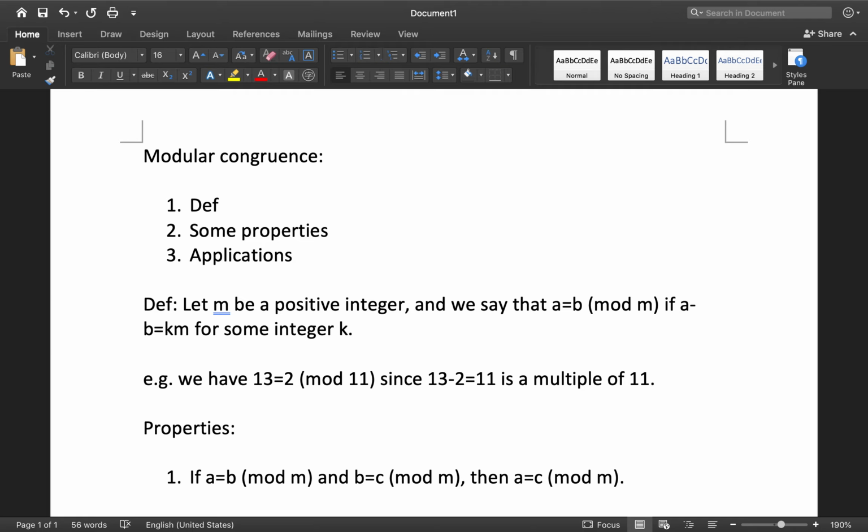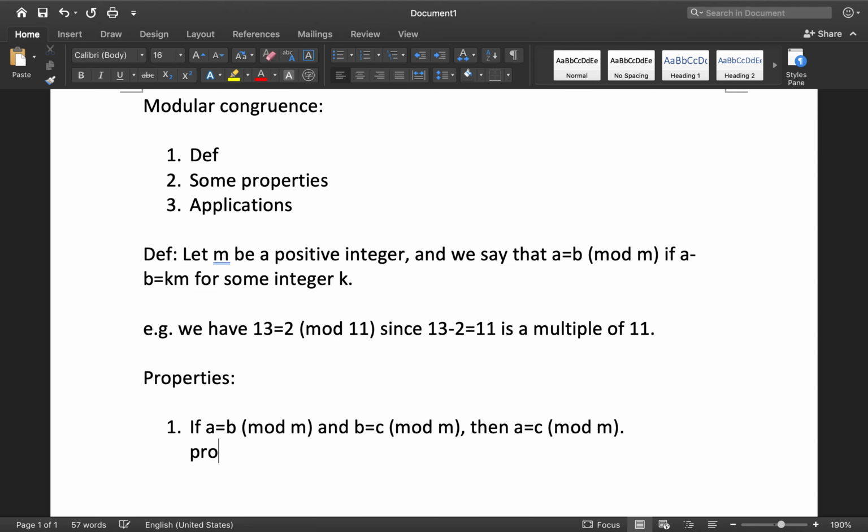So we have this property. Now why do we have it? Well, actually the proof is very simple, so let me just give you the proof. Because a is congruent to b modulo m and b is congruent to c modulo m as well, those two conditions are given. Then we can use the definition.